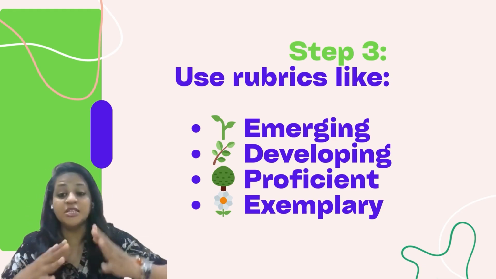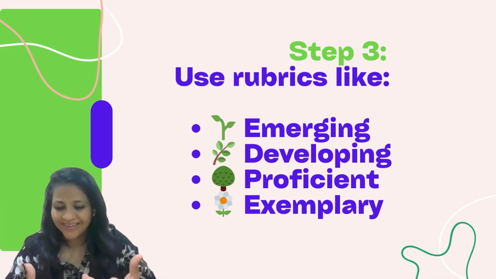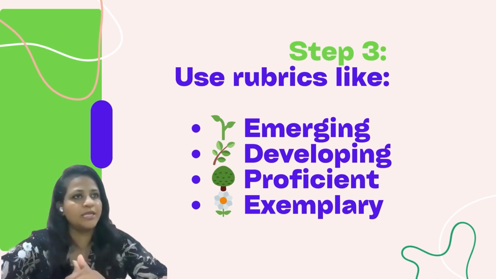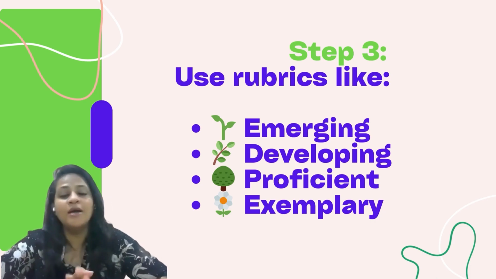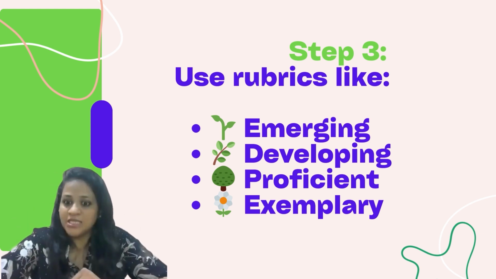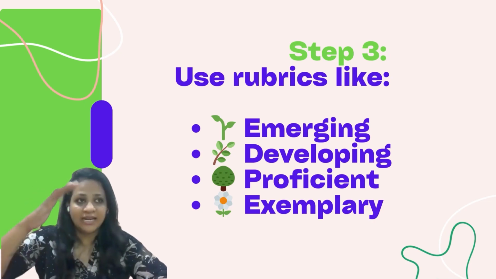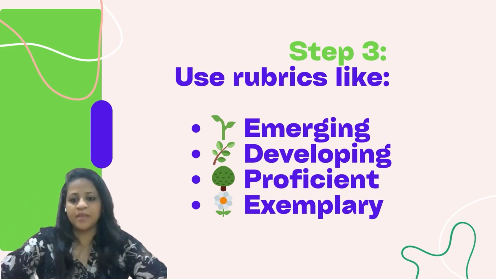For proficient, it has grown into a tree, and exemplary is blooming, so there's a flower. You can take different colored stars, different animals, or any icons that you think the children will connect with more. Even vehicles work wonders for this. So this is how they are assessed.